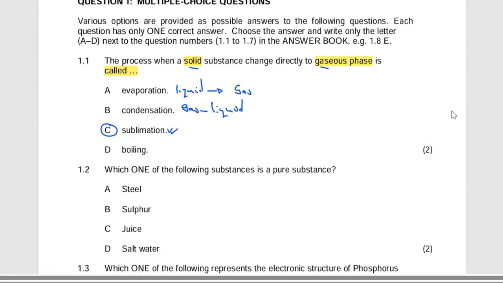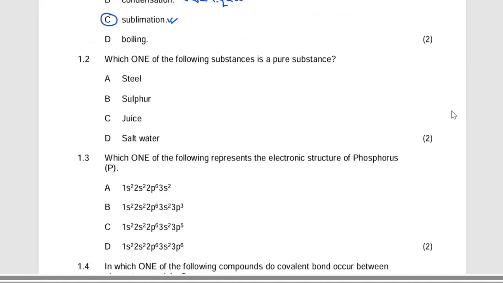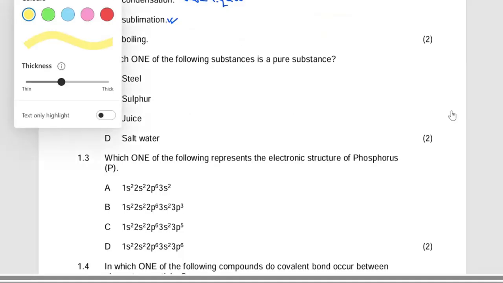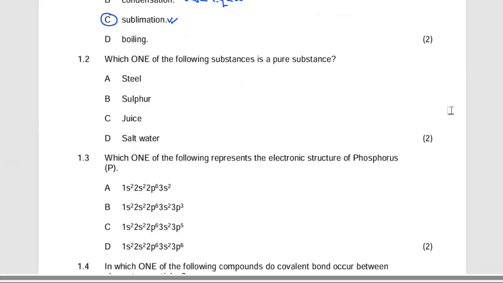Then moving on to the next question. It says which one of the following substances is a pure substance, right? For us to be able to answer this one, we need to know what a pure substance is. By definition, a pure substance consists of one type of matter and cannot be separated into simpler pieces by physical means.